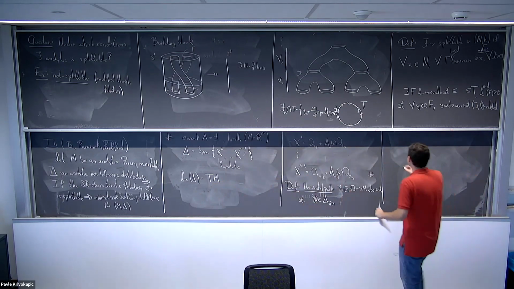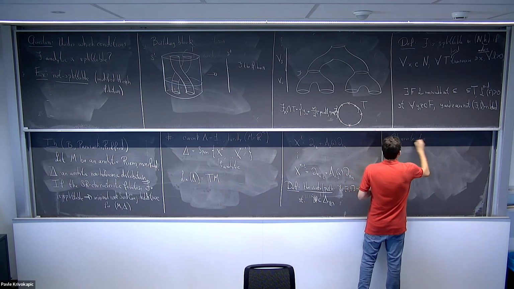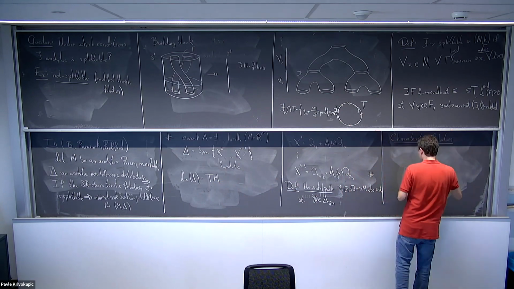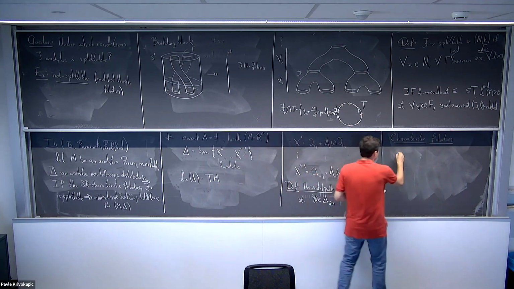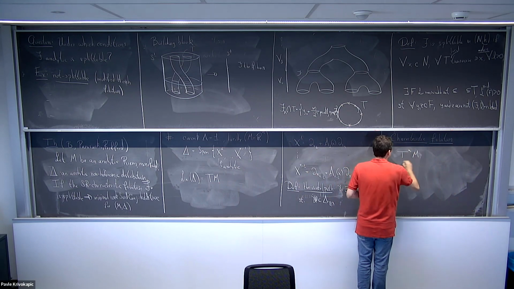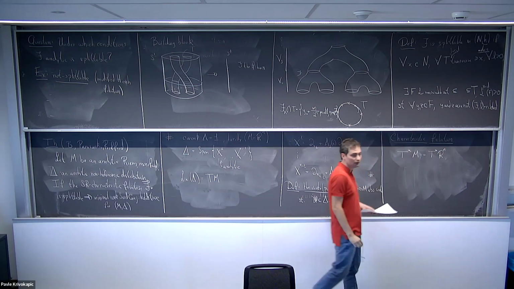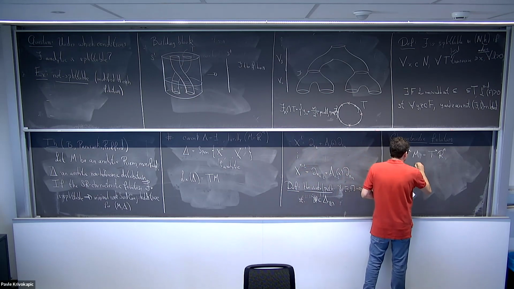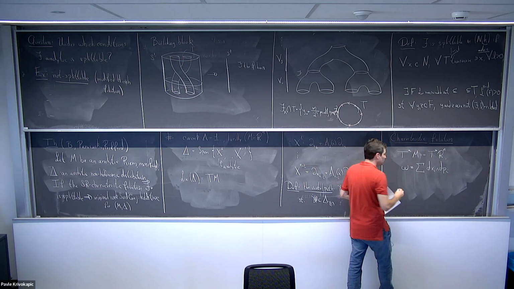So let me tell you about the characteristic foliations. We're going to work in the cotangent bundle T*M, which I'm just going to think of as T*Rn here, everything local. And I'm going to take the symplectic form, therefore, omega equals sum of dxi wedge dpi, where x and p are the usual coordinates of the cotangent bundle.